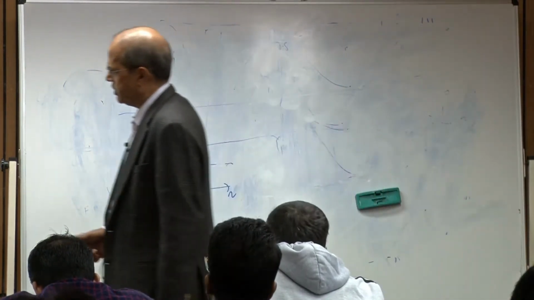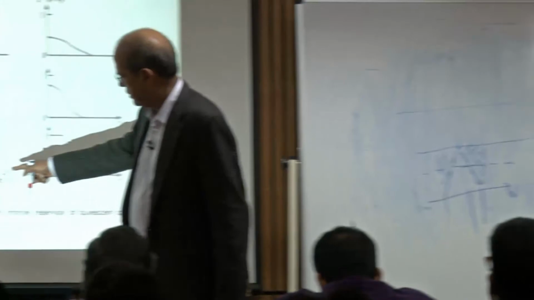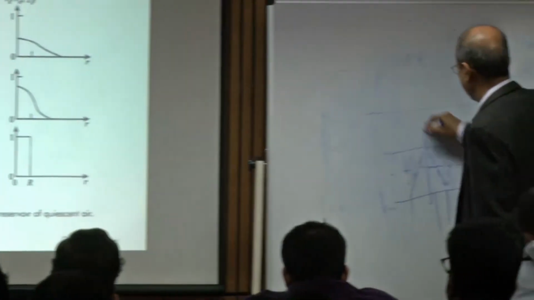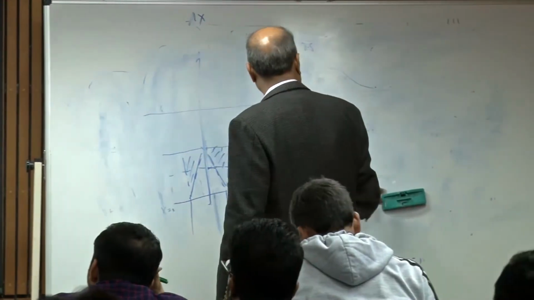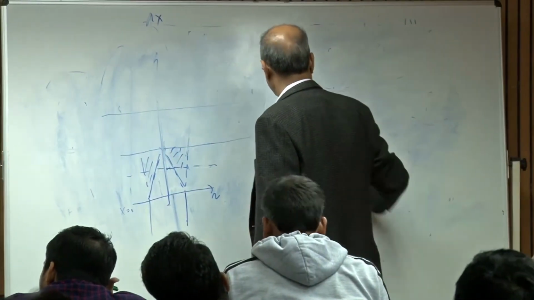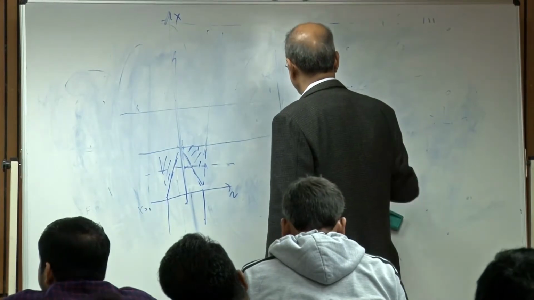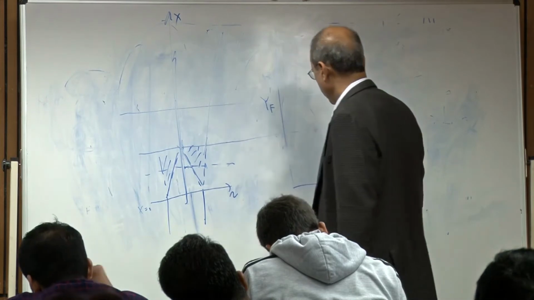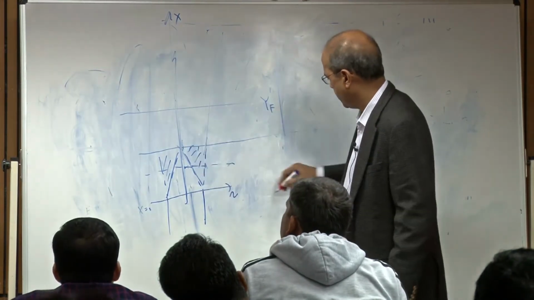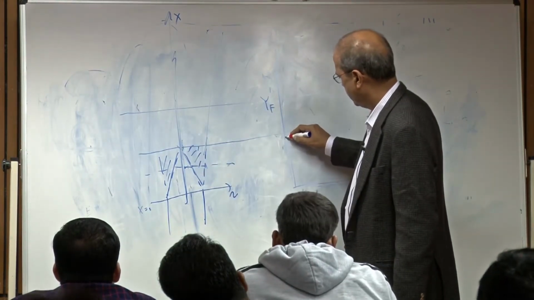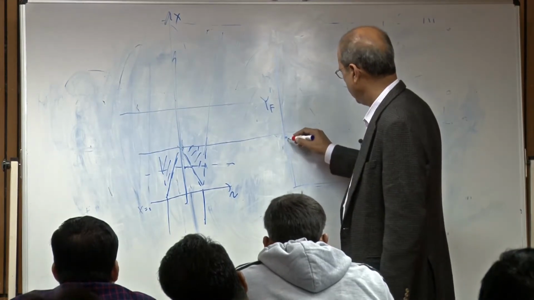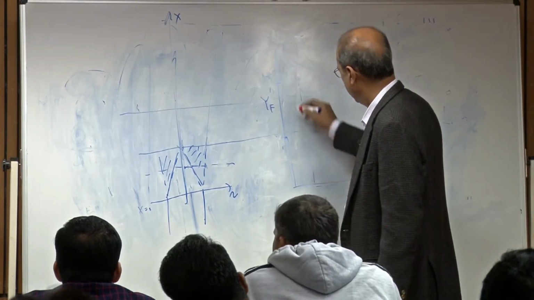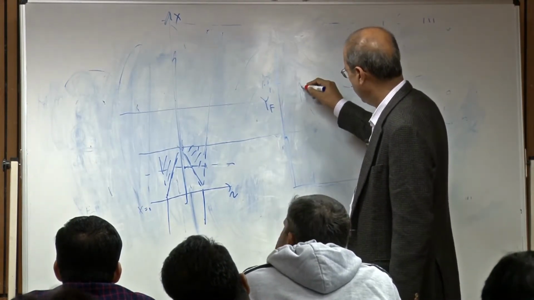What is shown here is the axial variation of Y_F. If you plot along the x axis, Y_F versus x, up to a certain length it will be constant, with value 1, and then it starts decreasing.